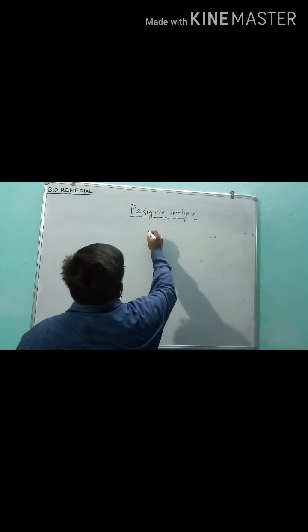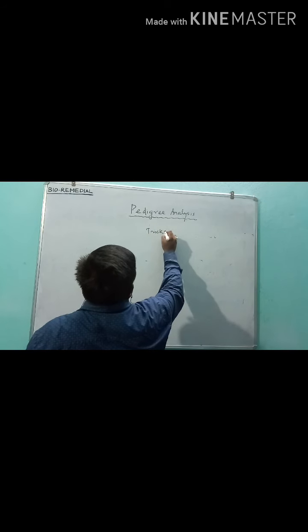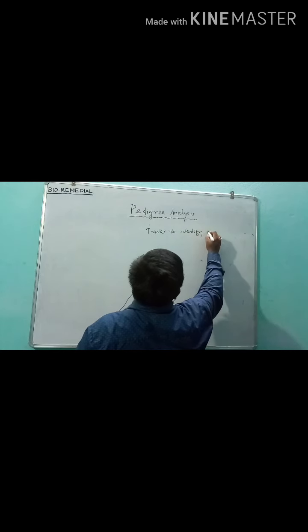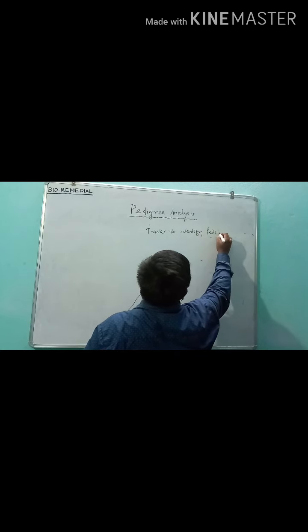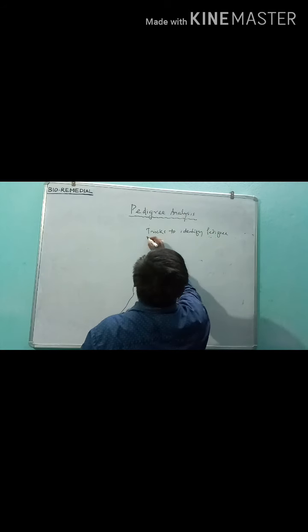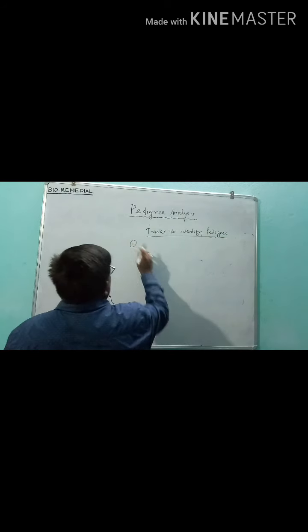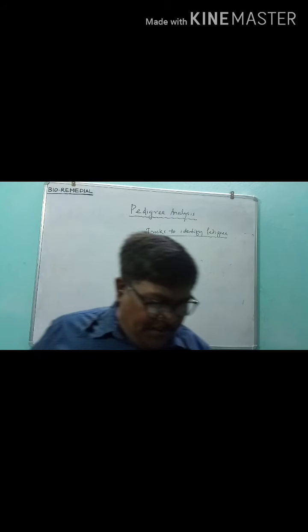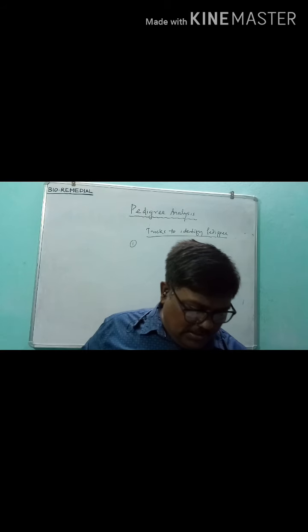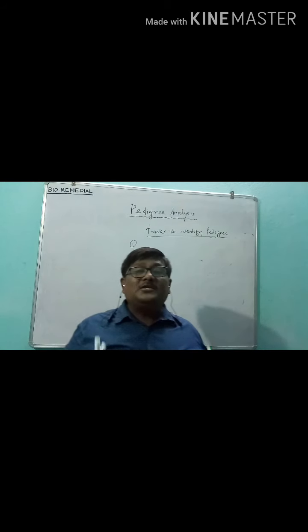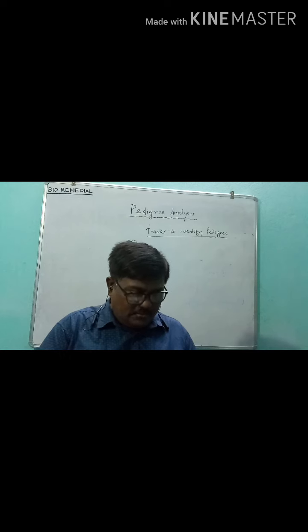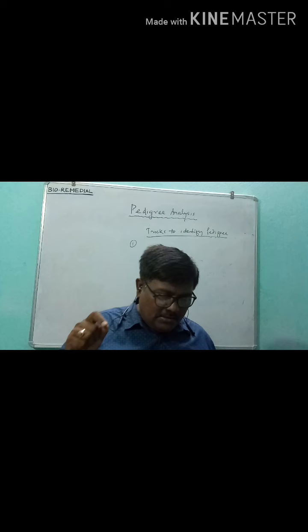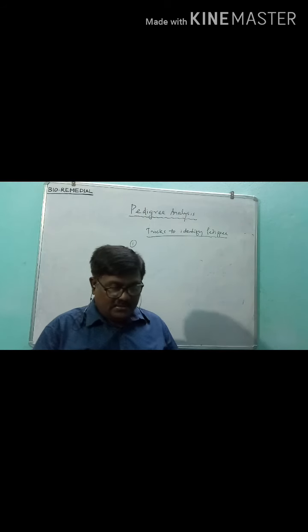Write down: tricks to identify pedigree. First one: if it is autosomal dominant, in every generation you will find the dominant trait.